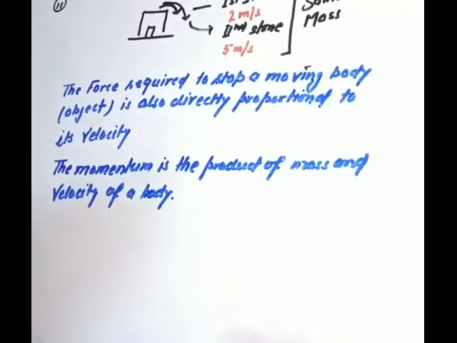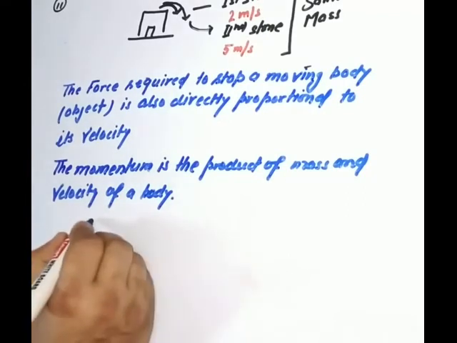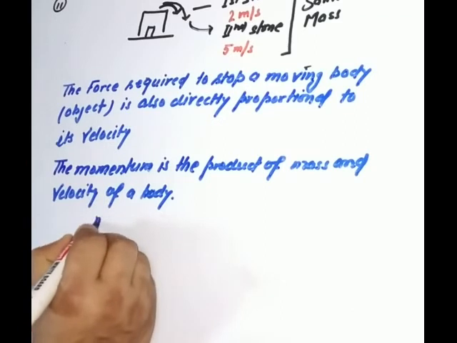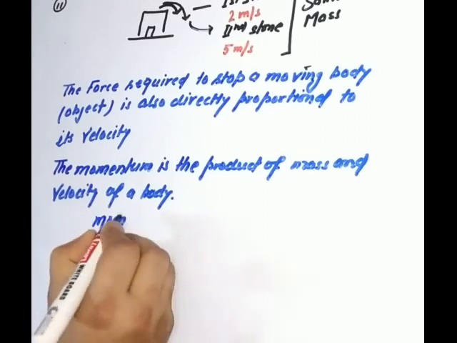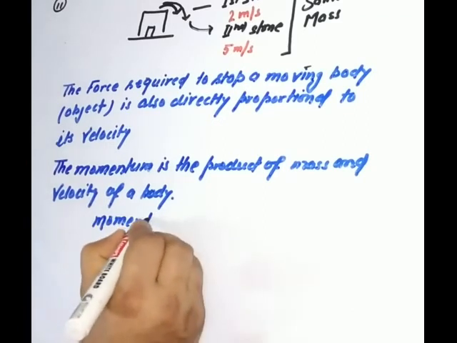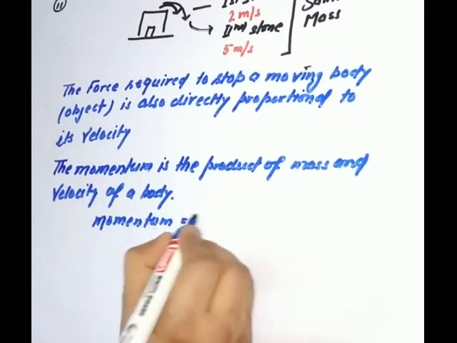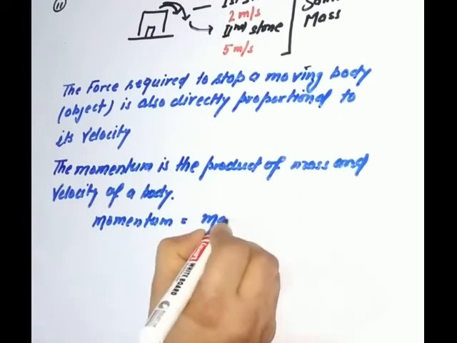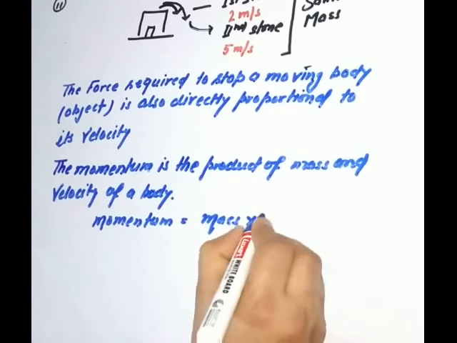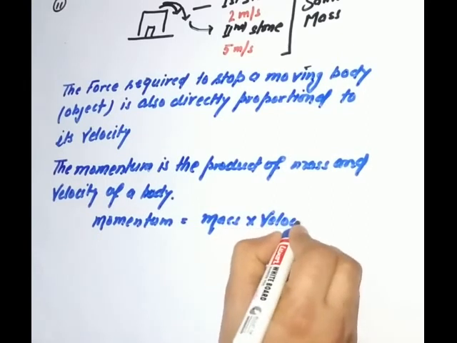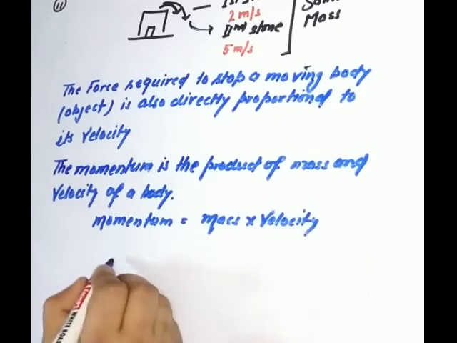So here we can write momentum equals mass into velocity.